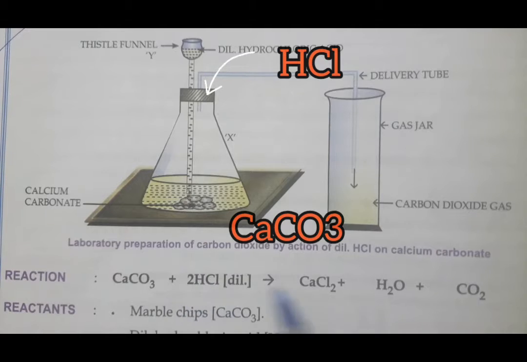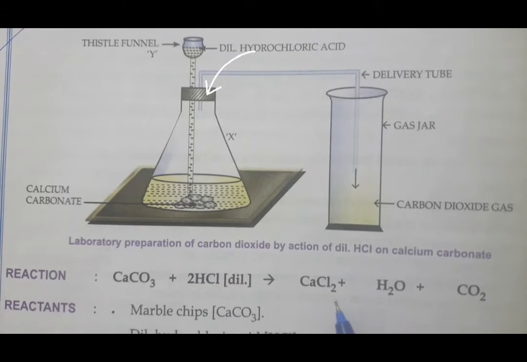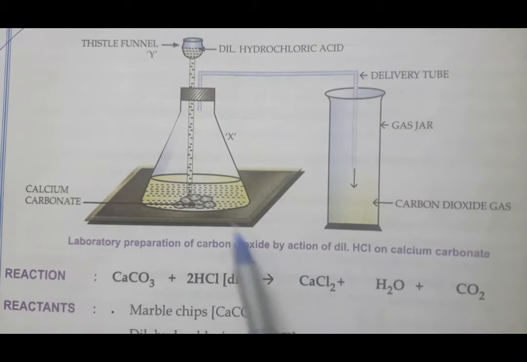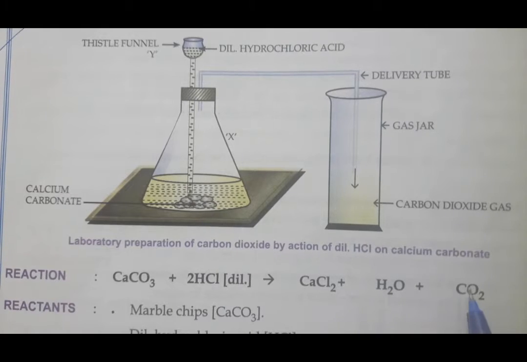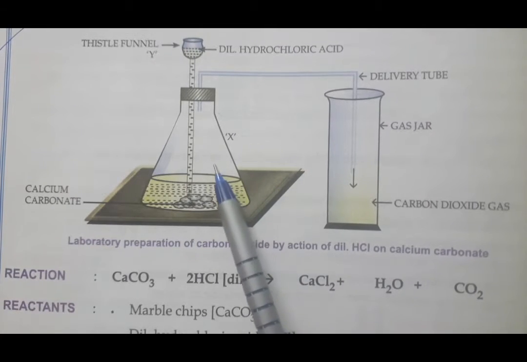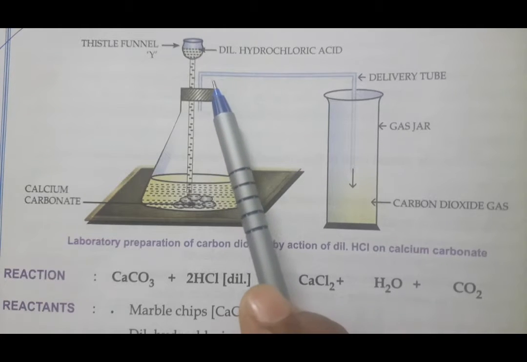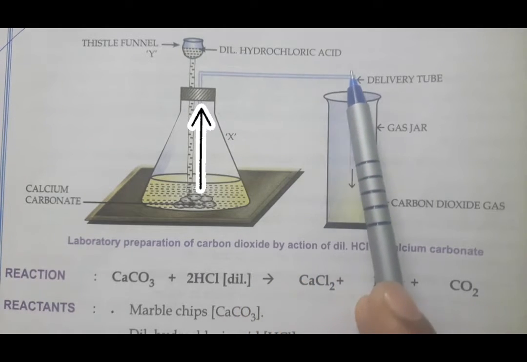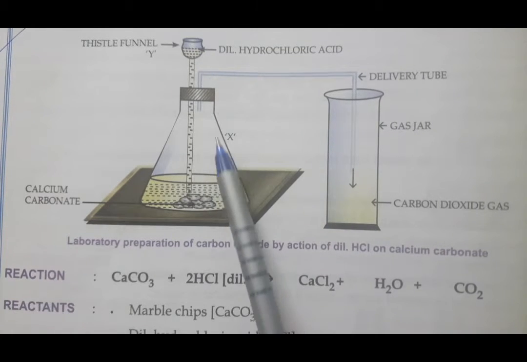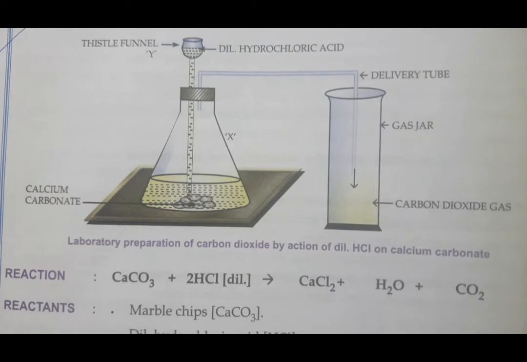As they react, these are the three products obtained, students: calcium chloride, water vapor, and carbon dioxide. Calcium chloride being a solid compound will remain here only, but carbon dioxide being a gas comes out from here, goes through the delivery tube this side, and is collected. So this carbon dioxide being a gas goes up and is collected this side.